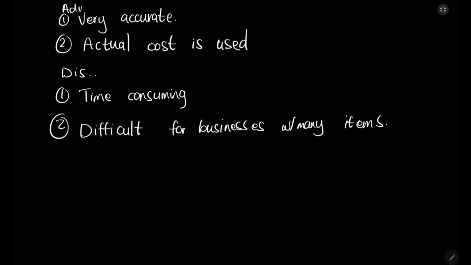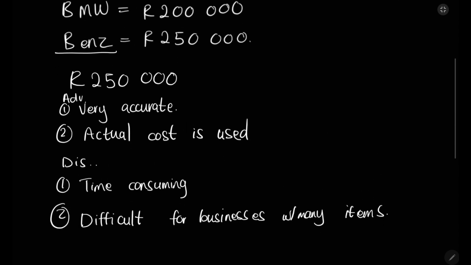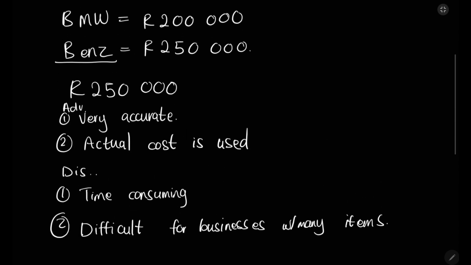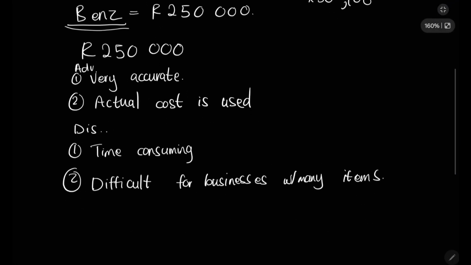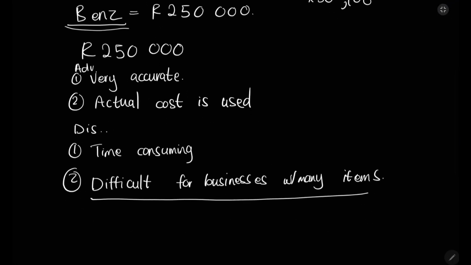Remember, we have to identify every single product, right? So if there are a lot of cars, they have to find the value of those exact cars. Okay, here we have BMWs and Benzes. So what if we had, let's say, 50 cars or 100 cars? They would have to accurately record every single car, and obviously this will result in the valuation method being very difficult for different businesses.